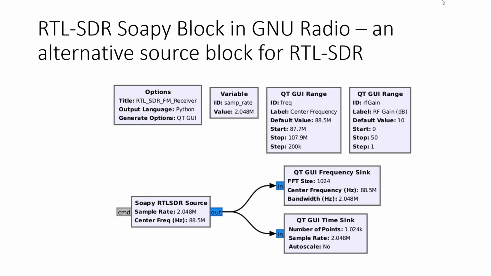So I talked about the SOAPy block, which is the RTL SOAPy block, and that's just an example here of putting together, I mean, obviously we've seen something far more developed in Chet's presentation there, but back to something rather basic. So I've got the SOAPy RTL SDR source, and it's gone out to a frequency sink and a time sink. Remember, as before, that the color of the outs on the one block must be the same color as the ins on the next block.